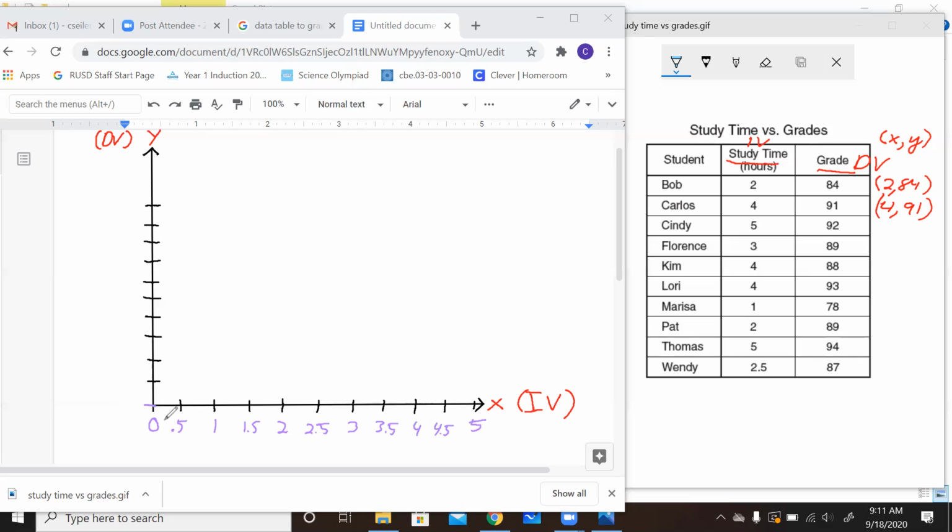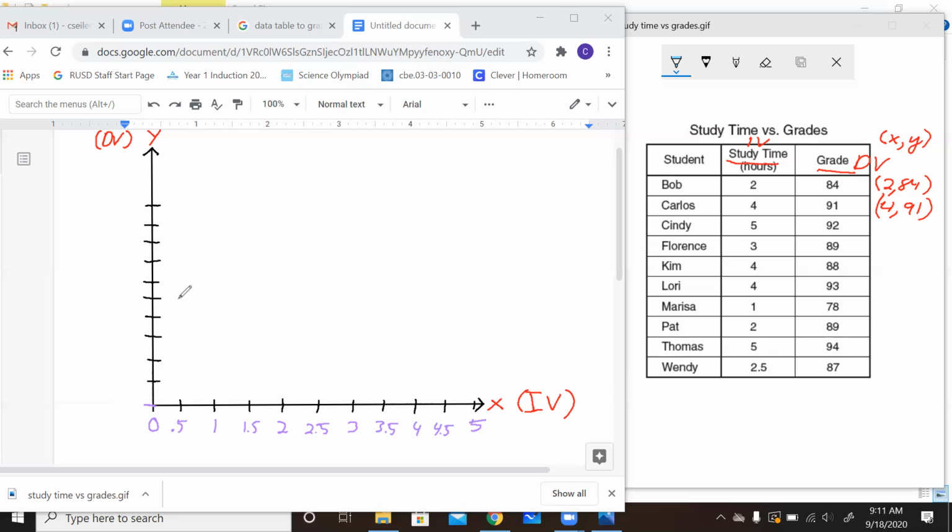I think it might be smart to just start at 50 and maybe count by 5s, because I have, again, 1, 2, 3, 4, 5, 6, 7, 8, 9, 10. So if I went 50, 55, 60, 65, 70, 75, 80, 85, 90, 95, 100, that would represent my data fairly well.